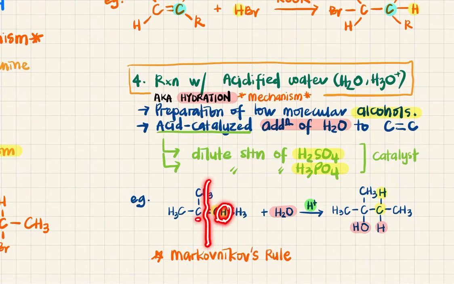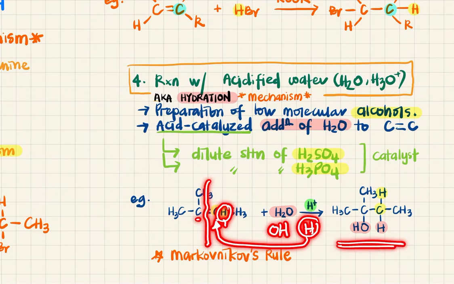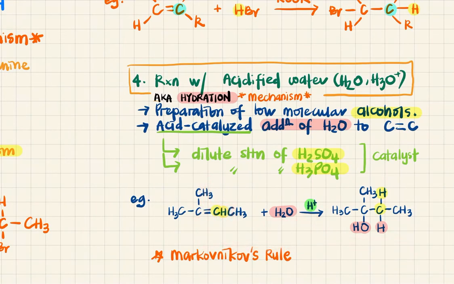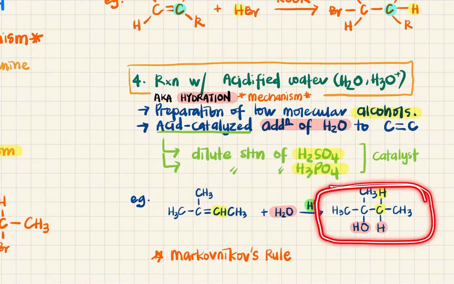Okay, so if awak tak ada peroxide, macam H2O2, awak akan add awak punya OH dengan H ikut Markovnikov rule. That means your hydrogen will go attached to the carbon with more hydrogen, which is this one. So this will be your product. You get an alcohol. Alright, this is an alcohol.